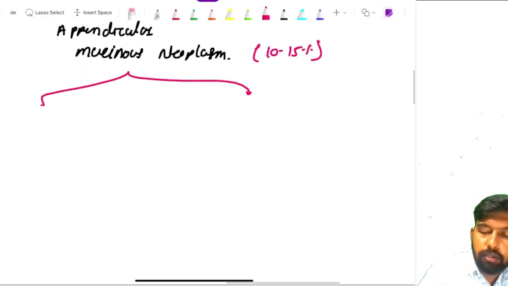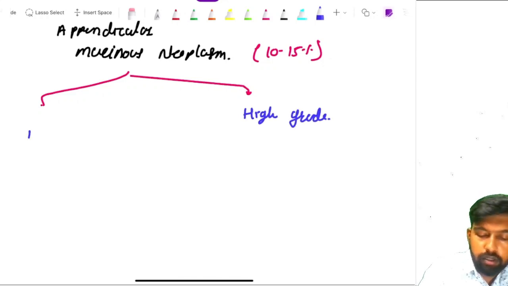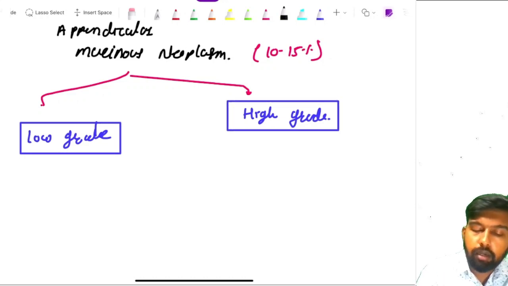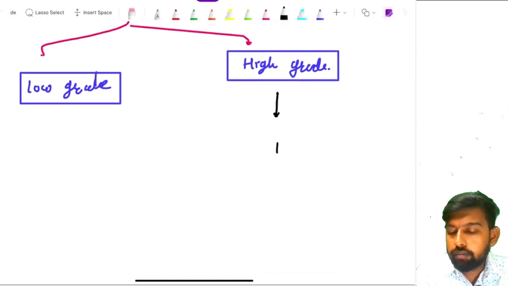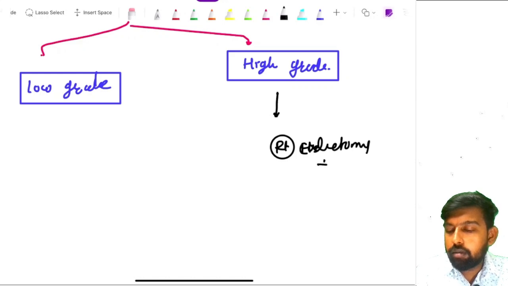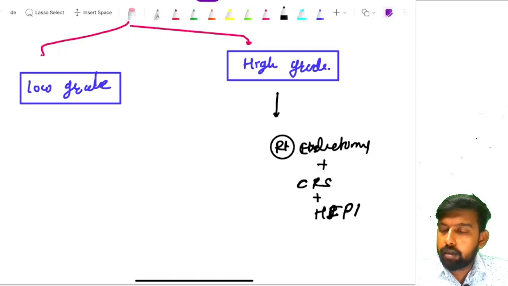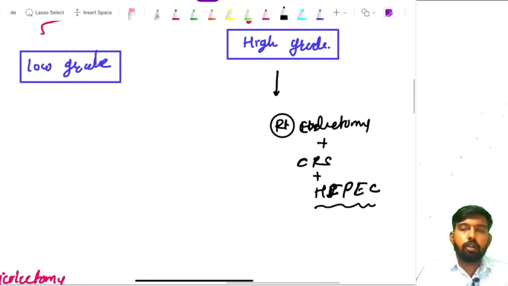If the appendicular mucinous neoplasm is of high grade variety, then we should go for right colectomy plus cytoreductive surgery, plus the patient should be referred for HIPEC surgery, because there is a high chance of pseudomyxoma peritonei.